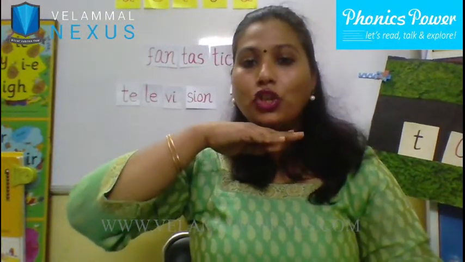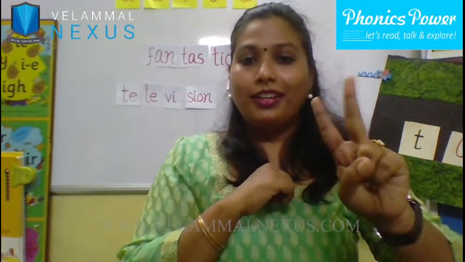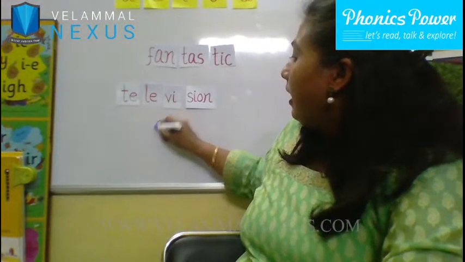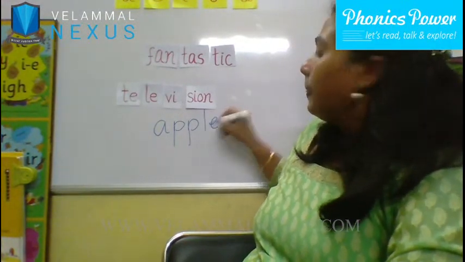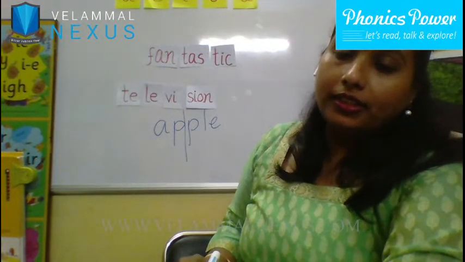Okay, let's do the next word. Toilet. Toilet. So there are two syllables. Now, always remember that whenever you have double letters, like the word apple, break in between the consonants.